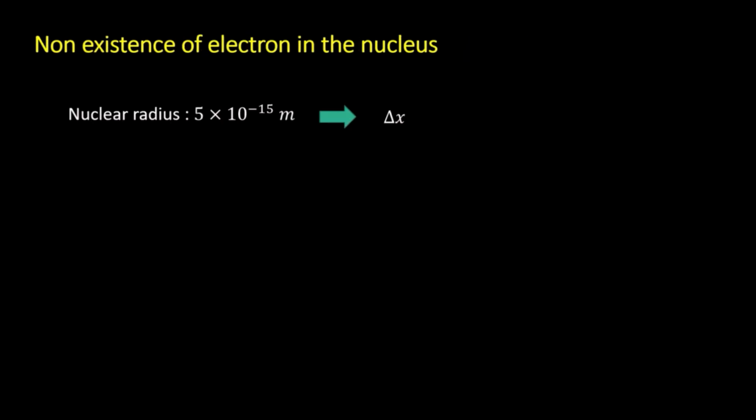The next case we are going to analyze is the non-existence of electrons in the nucleus. For a long time it was believed that the electron is a part of the nucleus. So we can use the uncertainty relation to prove that electrons are not nuclear particles. A typical atomic nucleus has a radius of 5 into 10 to the power minus 15 meter.